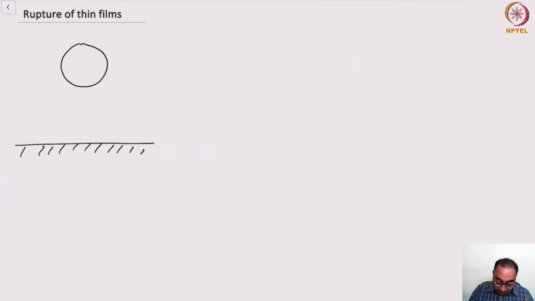You also encounter thin films when you have surfaces coming in contact with each other. For example, when a ball or a droplet hits a surface, then you have a thin film that forms. If you take a substrate and you have a droplet that falls on the substrate, during impact the drop deforms, and there is a thin film that forms just below the drop.